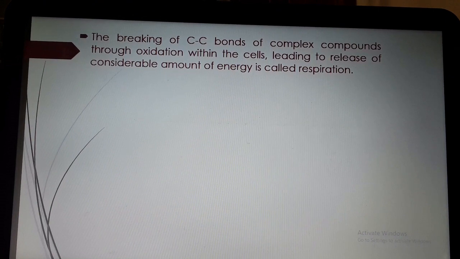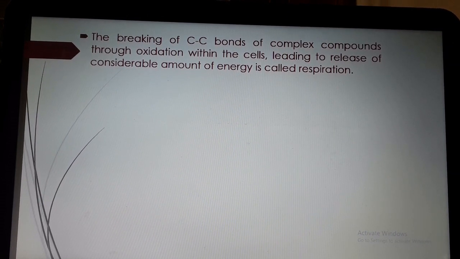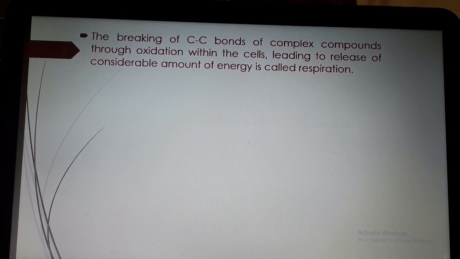These carbon to carbon bonds can generally be broken from glucose, meaning carbohydrate products, sometimes also from lipid and protein products, based upon the condition of the cell.